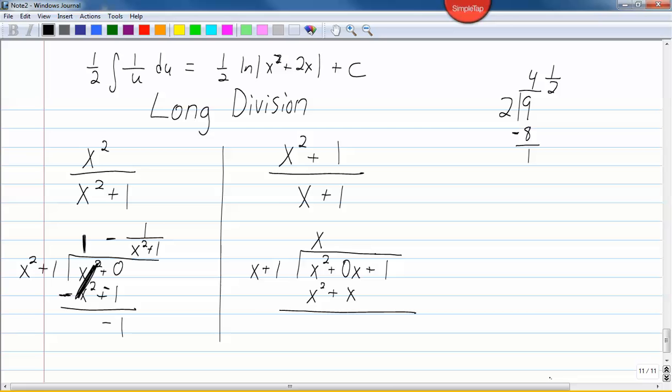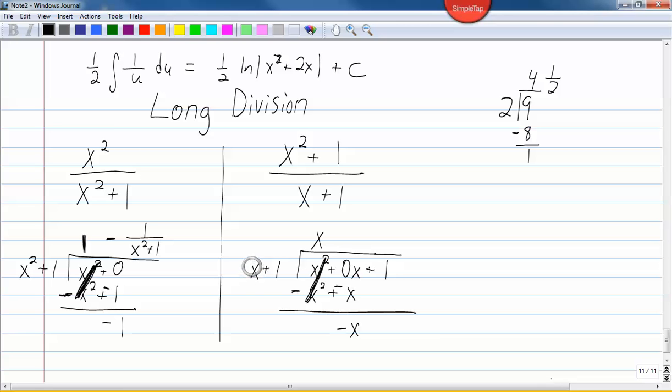Now remember, whatever you write down here, you always subtract. So I have to subtract this, and I have to subtract this. This term cancels out like it should, and that left me with 0x and negative 1x. So it leaves me with negative 1x.